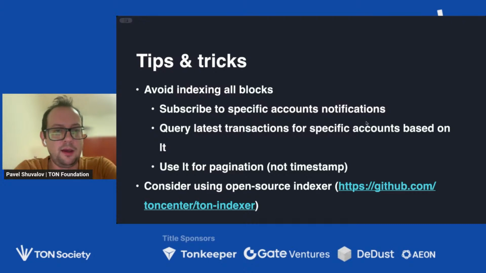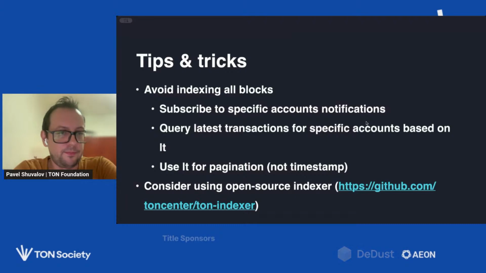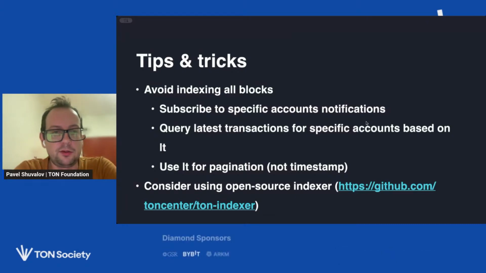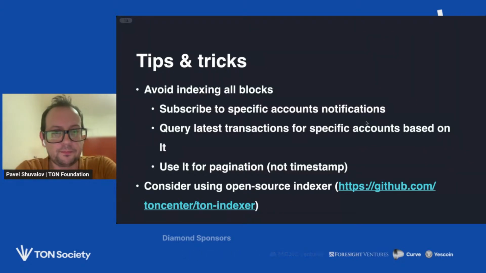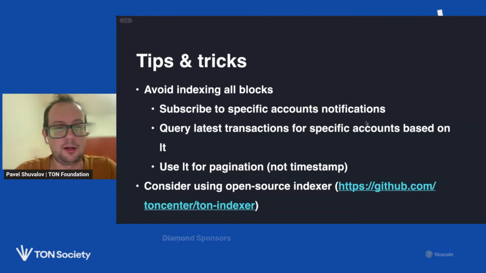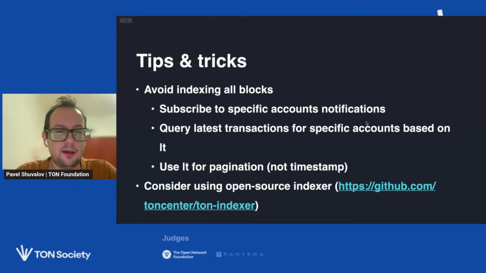And even if you are going to go deep into history during pagination, it's better to use logical time than timestamp. And in case you are going to index everything or almost everything, consider using open source implementations, for example, Ton Indexer from Ton Center, because this software is battle tested and it's very reliable.